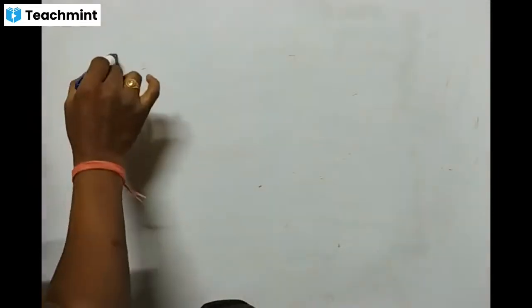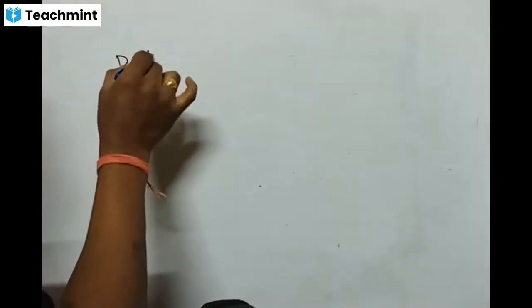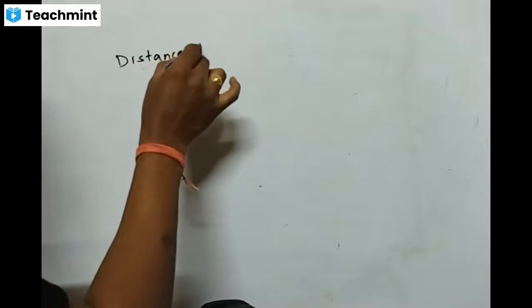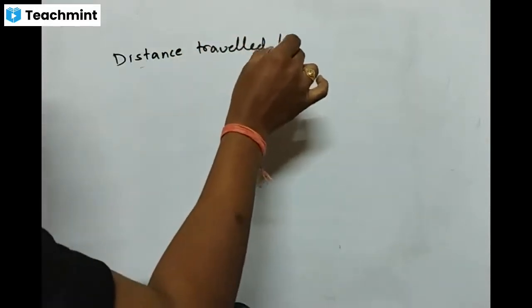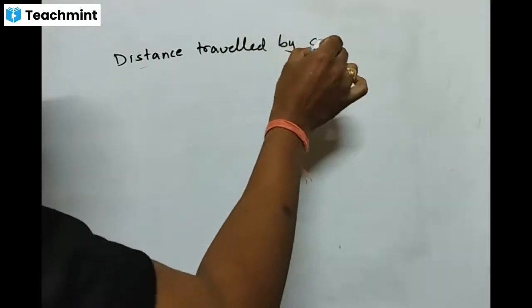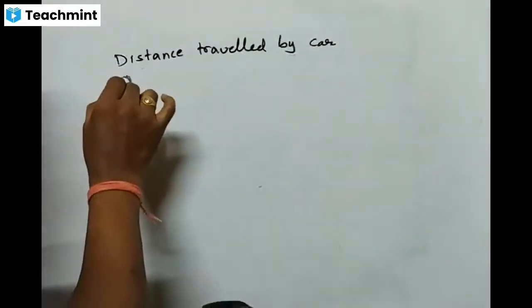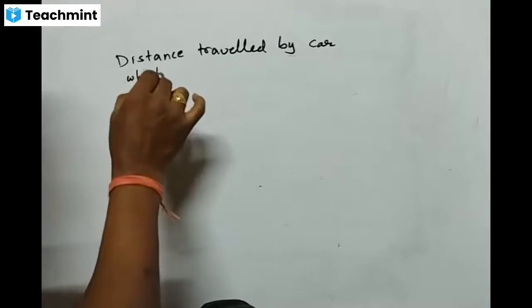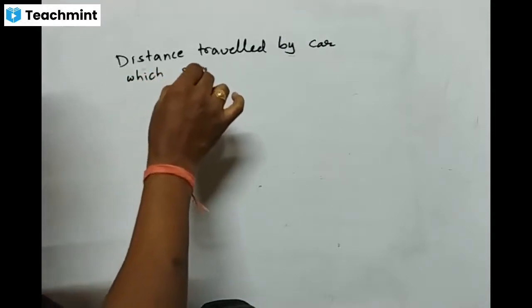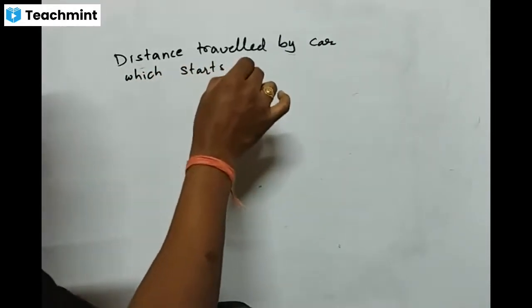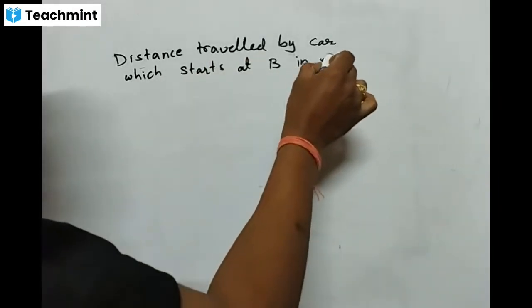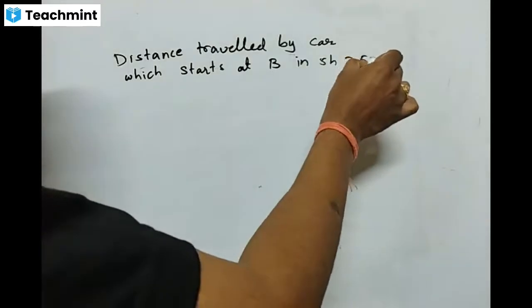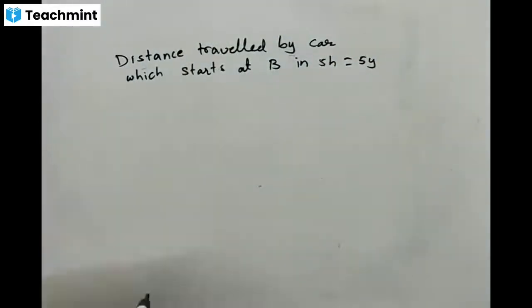So the distance traveled by the car which starts at B in 5 hours is 5y, speed into time.